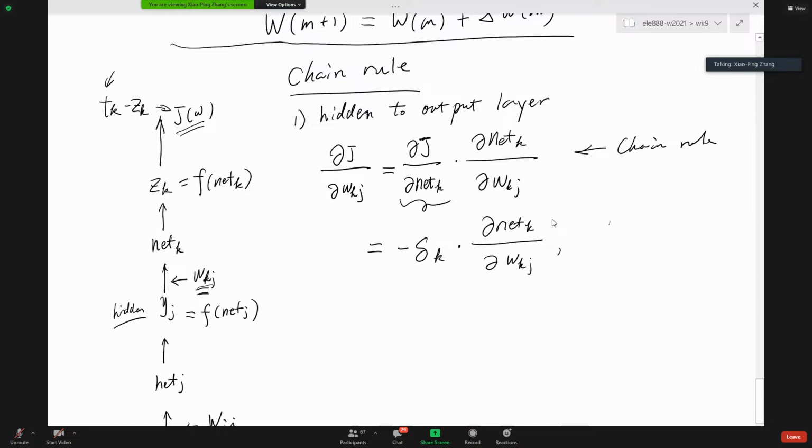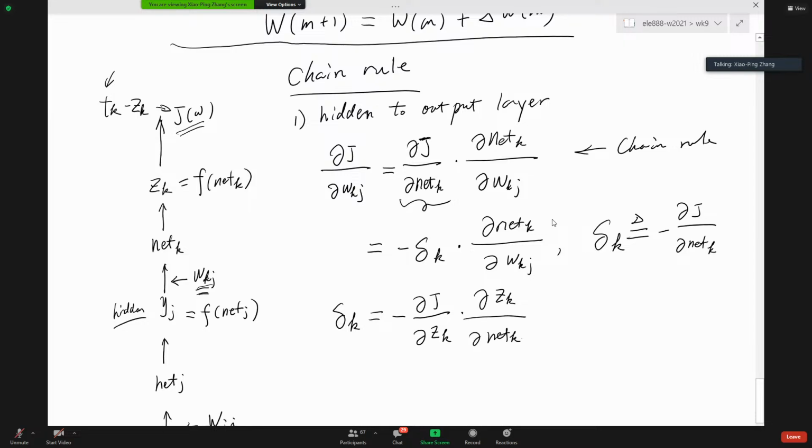Here delta k is defined as partial J over partial net k. So it's basically two parts. What is delta k then? To compute delta k, again use the chain rule: partial J over partial z_k times partial z_k over partial net k.